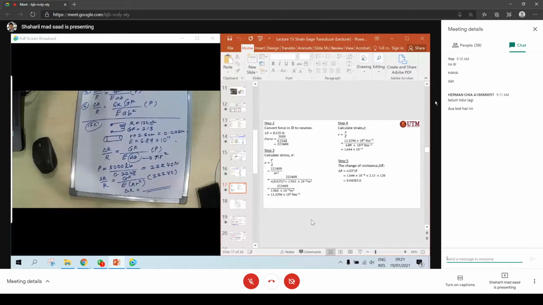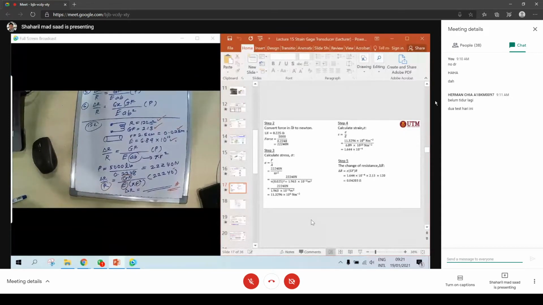All right, because everything is there: your GF, your strain gauge factor, the Young's modulus of the rod, pi r squared, P, and R, the initial value of the resistor. Then you can get delta R.